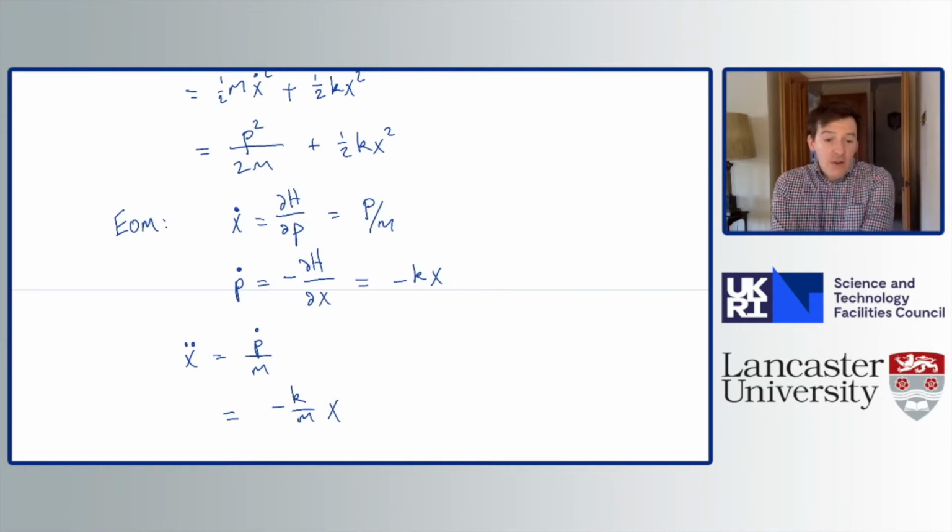Okay, so we've recovered the result that we know should be true from Newtonian mechanics. It's the result we also found using the Euler-Lagrange equation. Okay, so this is good. Hamilton's version of classical mechanics is returning to us the correct equations of motion.